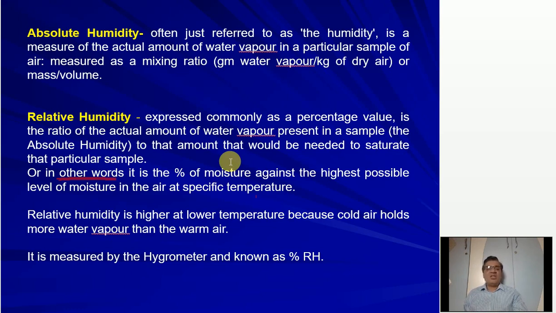In other words, it is the percentage of moisture against the highest possible level of moisture in the air at a specific temperature. So relative humidity is higher at low temperature because cold air holds more water vapor than warm air, and it is measured by a hygrometer and known as percentage RH. So in the IS code you will find percentage RH is the wording which is used.